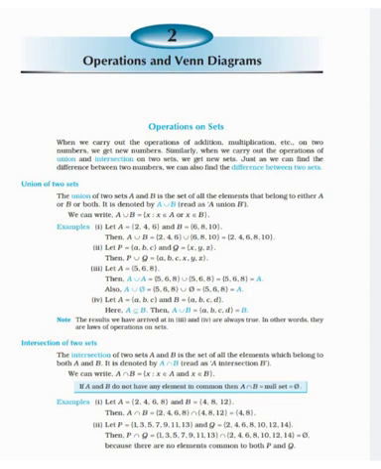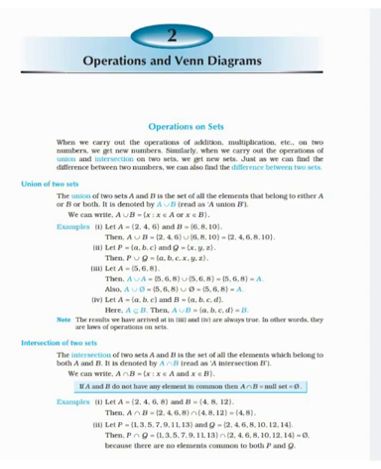But in operations on sets, mainly addition and multiplication are used, and it is a set language. You will say union and intersection are the main operations on sets. So, union and intersection are the two things in operations on sets.